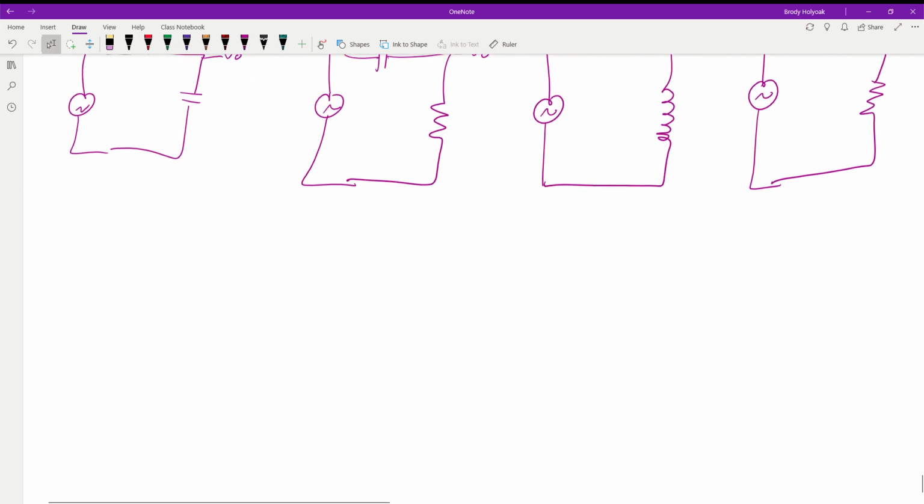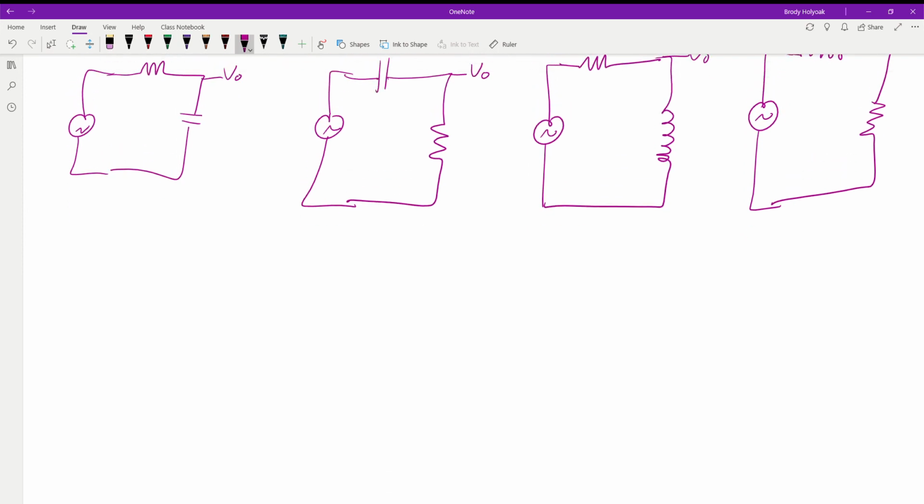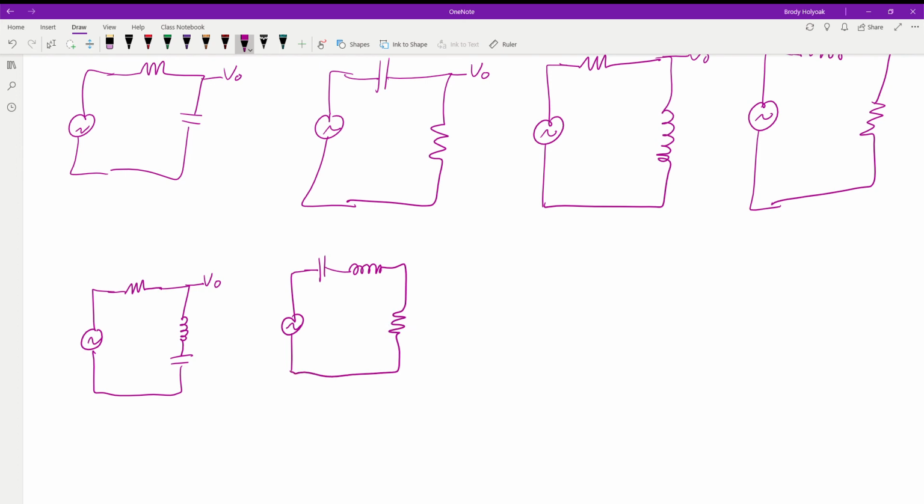We also have the next set of circuits. We have the resistor followed by the inductor and the capacitor with the output being taken there. We have our capacitor, our inductor, and then the resistor, with the output being taken across the resistor.